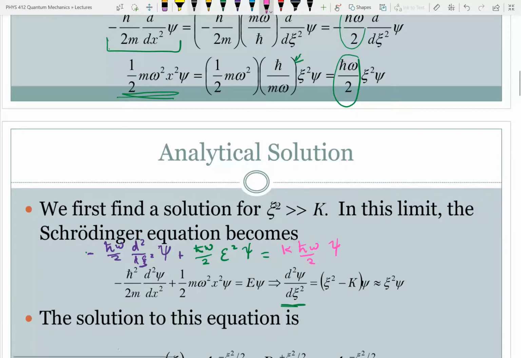And what you notice is h bar omega over 2 now exists in every term. So I divide those out.